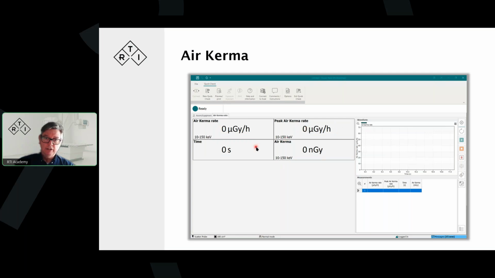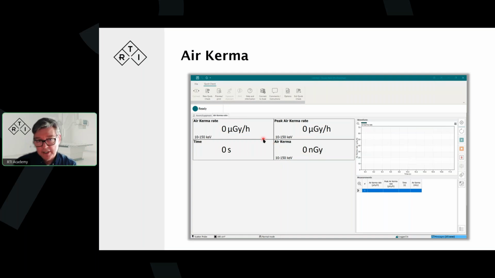It will give you a time, which is more or less the measurement time that the scatter probe is performing the measurement, and the accumulated air kerma during that measurement session.